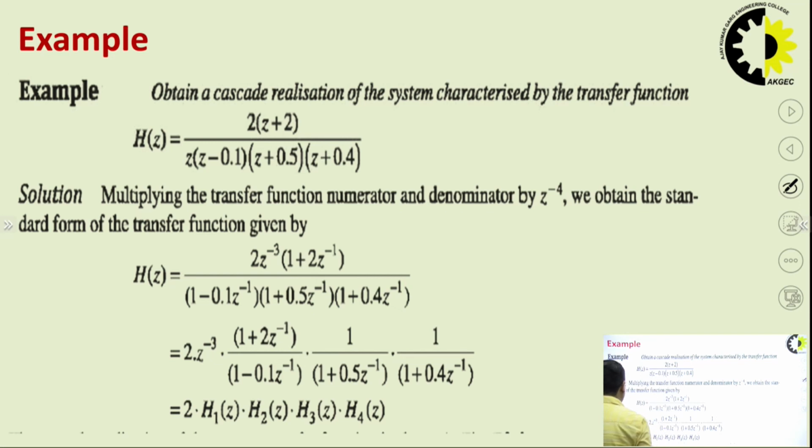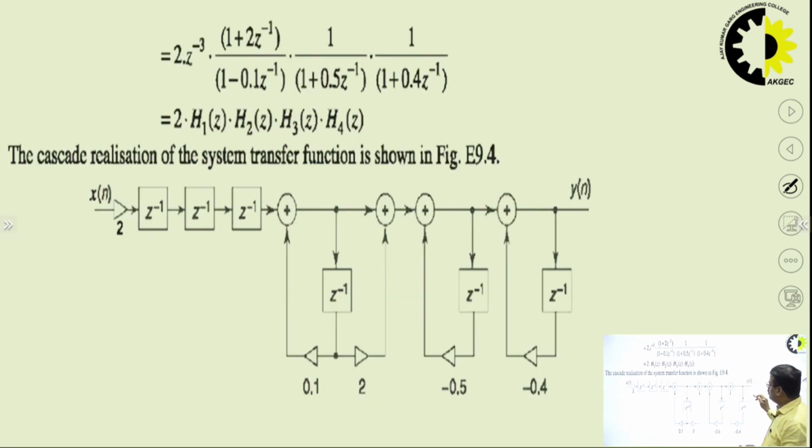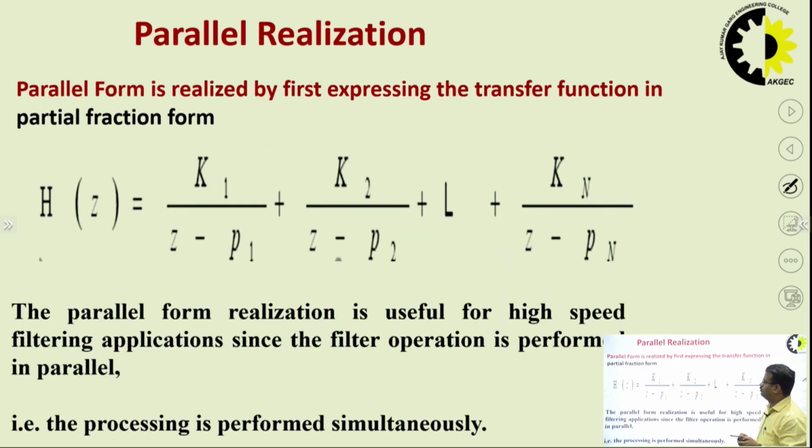Again, some questions will be available, okay. You can solve. The H of Z you have to make into product terms, then you can realize. So, in this example again, you have to make this H of Z into H1Z into H2Z into H3Z into H4Z, then realize your structure in this way.